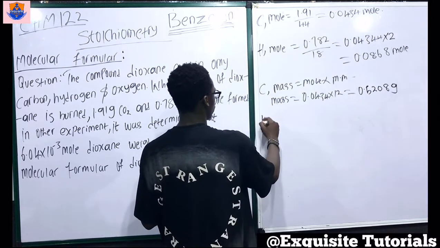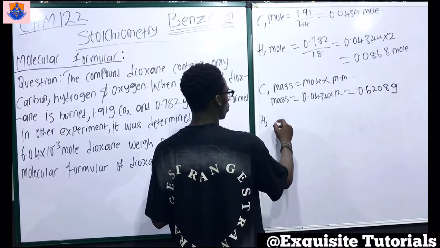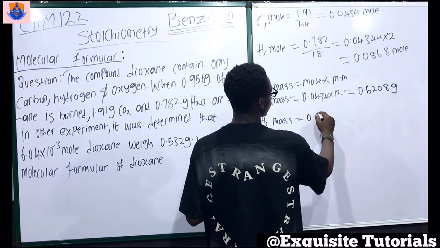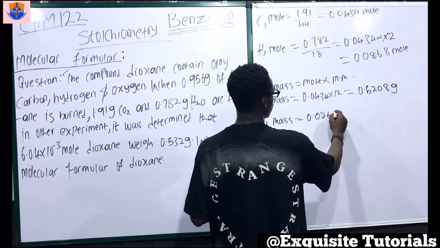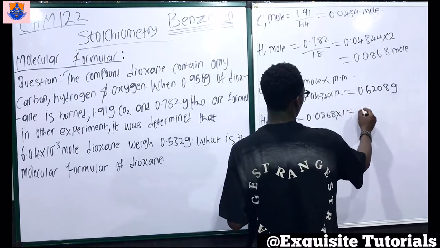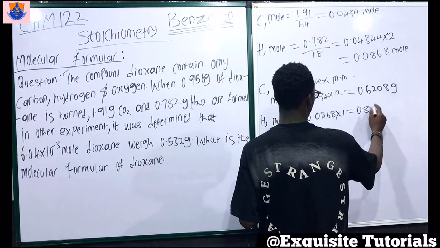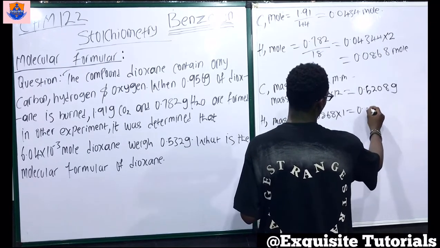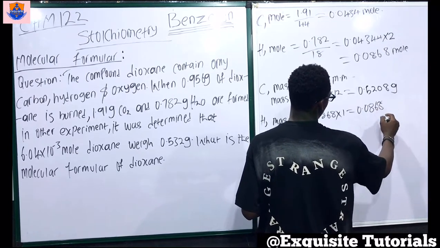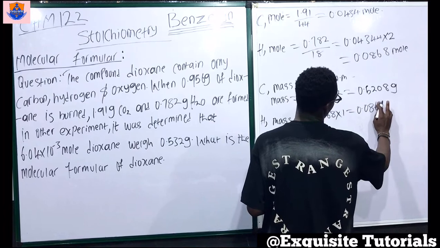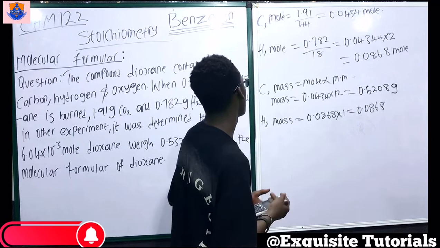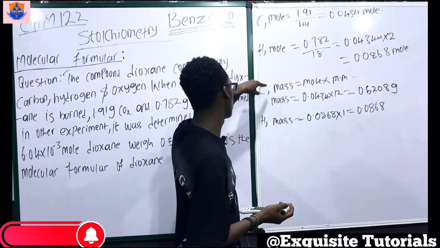Then for hydrogen, we should have the mass as 0.0868 times hydrogen's 1, which is the same value, 0.0868. All right, so here we already have the masses of carbon and hydrogen.